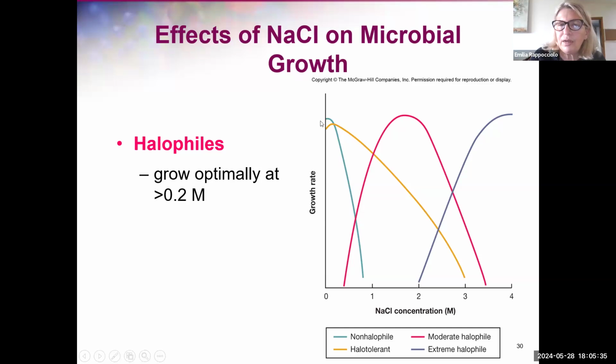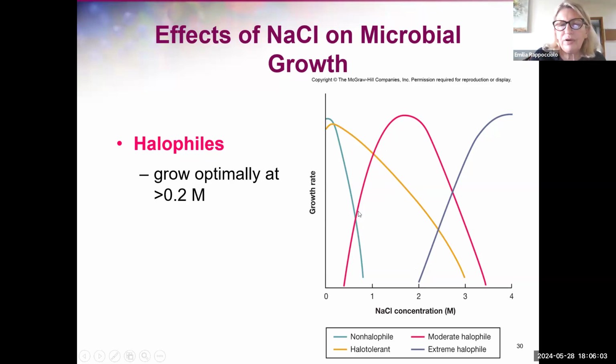You see here, the curve is going down at a much slower rate compared to the non-halophile. And so even at 2 molar concentration, there is still some growth. Yeah, here there isn't, but here there is. So they can tolerate, they don't like it, they grow slower, some of them get killed, but they can tolerate it.